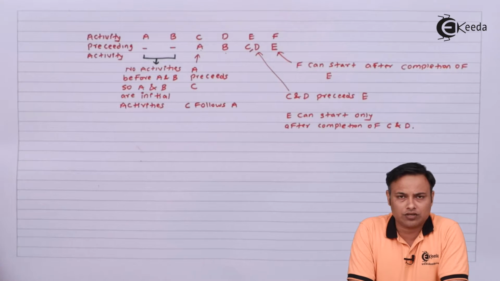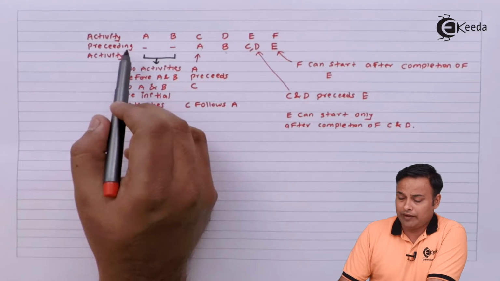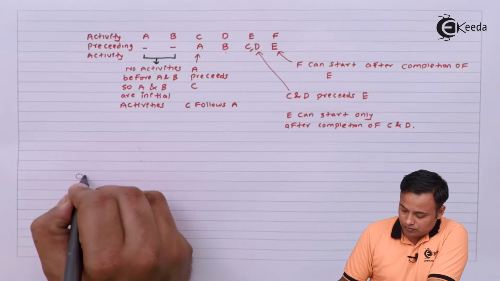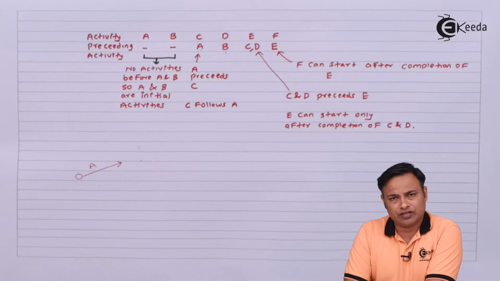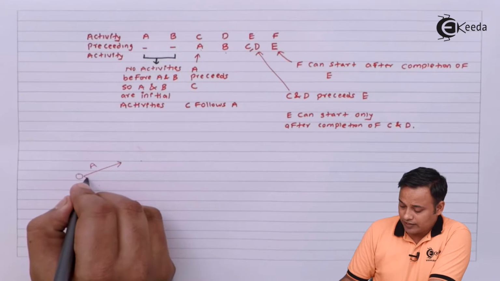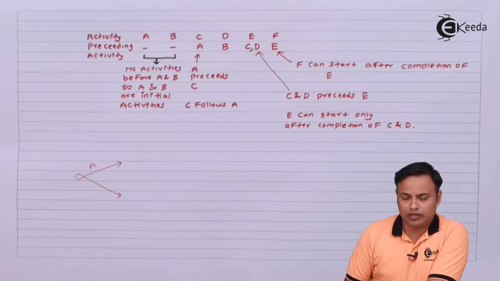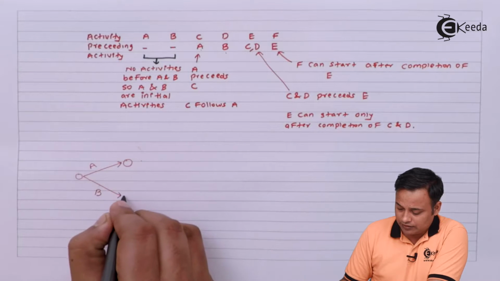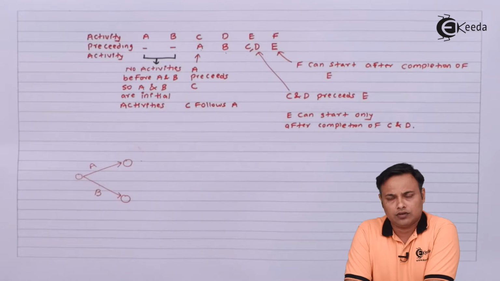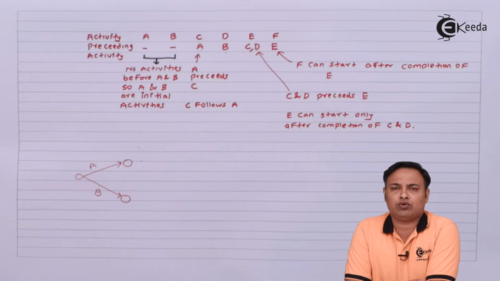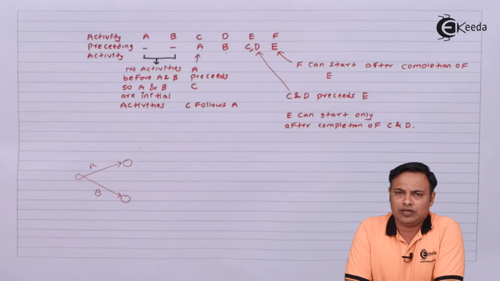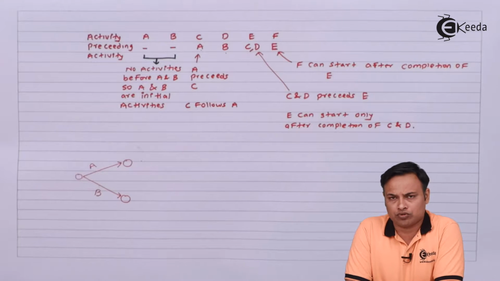Now let's try to draw the network diagram. A and B are the initial activities, so I'll start with A as well as B. Now you always need to read the whole question, and drawing a network diagram is something where you follow the trial and error approach.